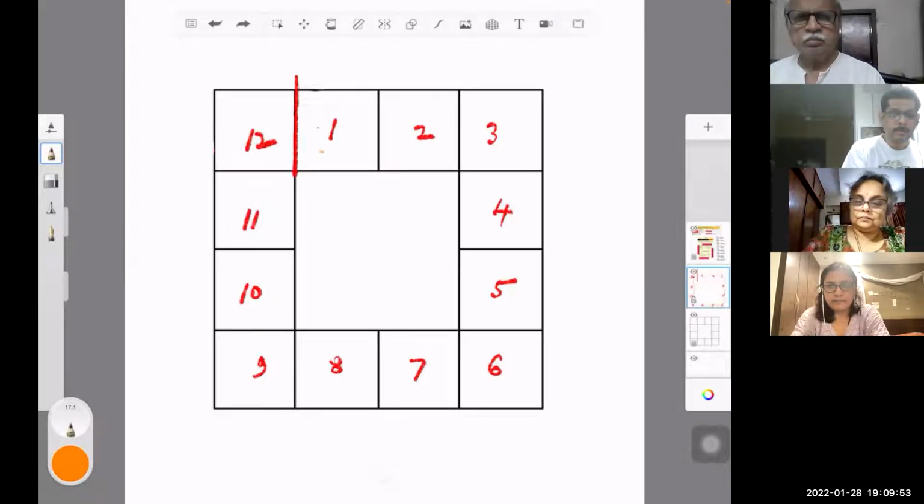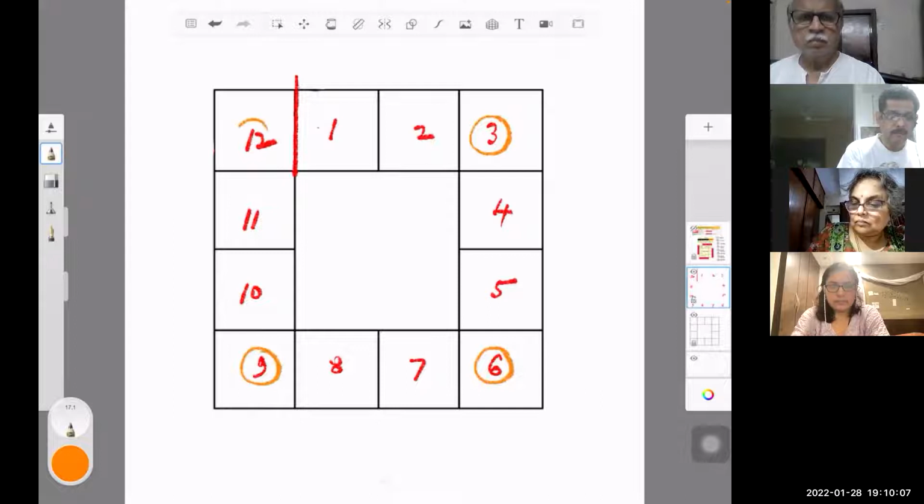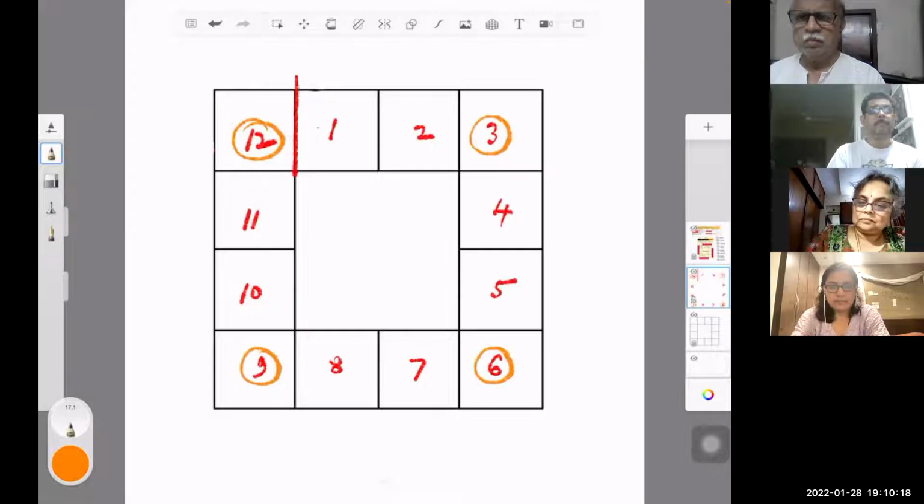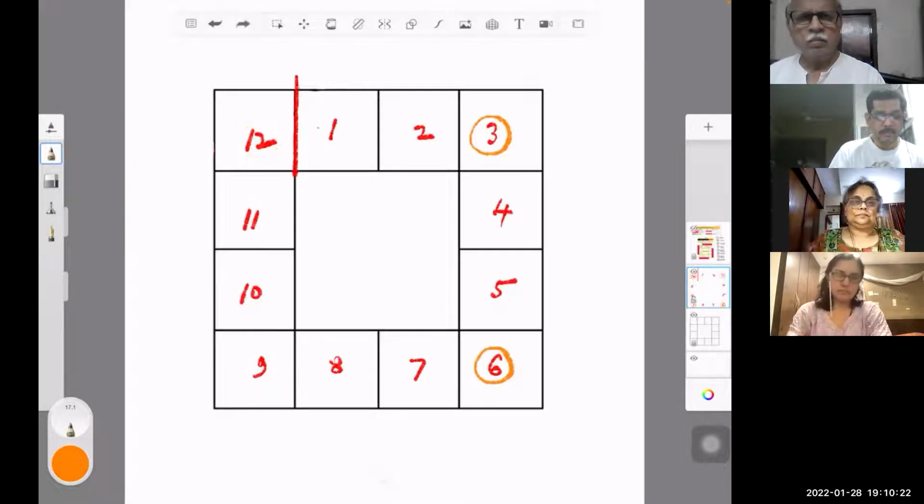These Rashis are permanent. First Rashi will always be here, second will always be here. One more point which we understood is that the vertices or the edges are all multiples of 3: 3, 6, 9, and 12. The purpose of this exercise was that when you see a chart, these things are not going to be there, but you should understand which Rashi falls where. Correct? So this was the first thing.